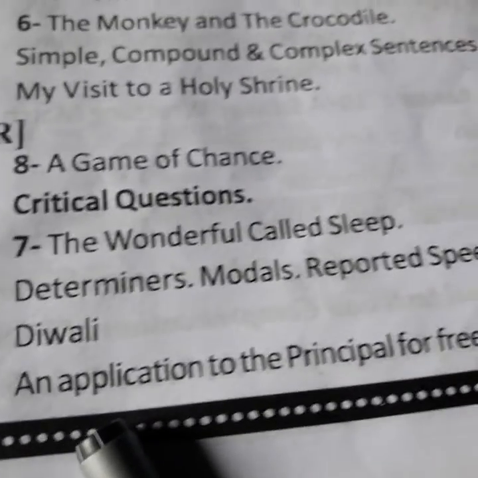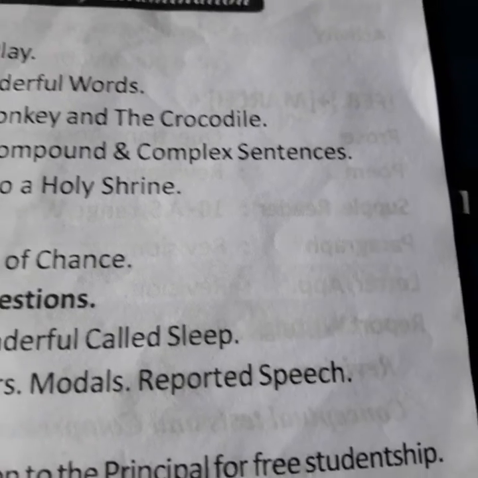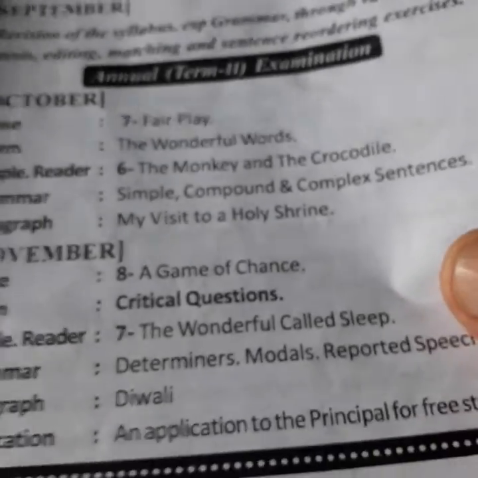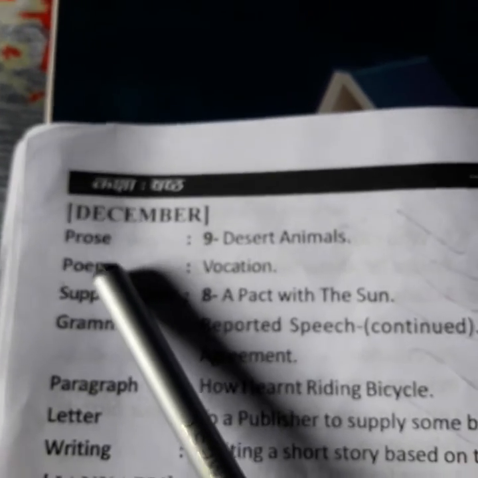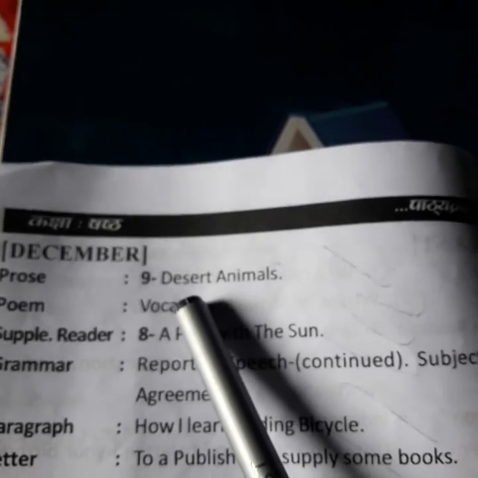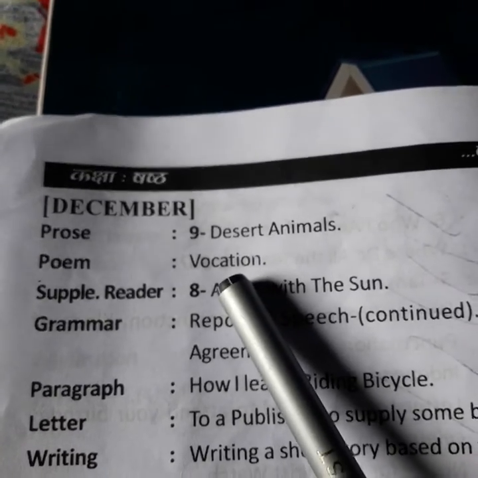And in application, you have to write an application to the principal for free studentship. In this way, you have to study and prepare for the coming annual examination. In the month of December, you have to study lesson 9 in prose section named Desert Animals. In poem, you have to study Vocation.